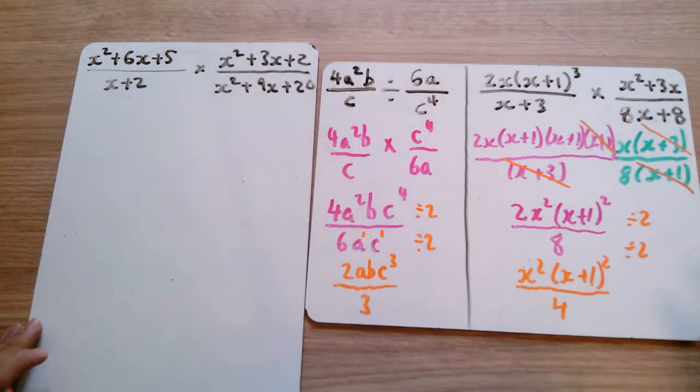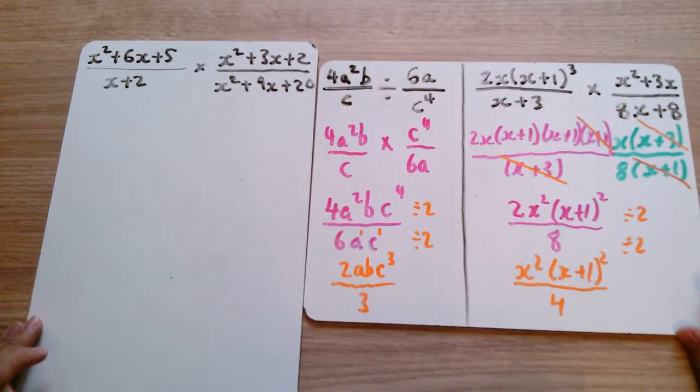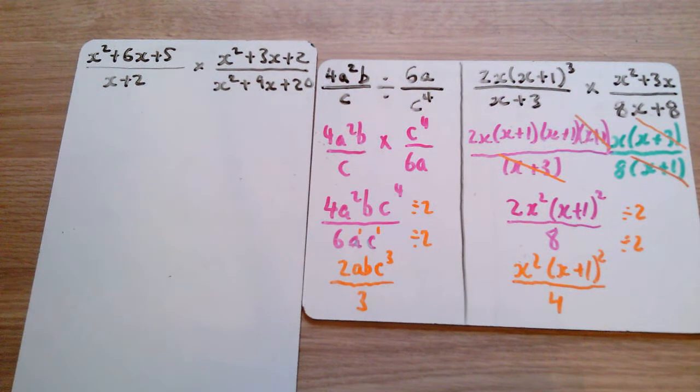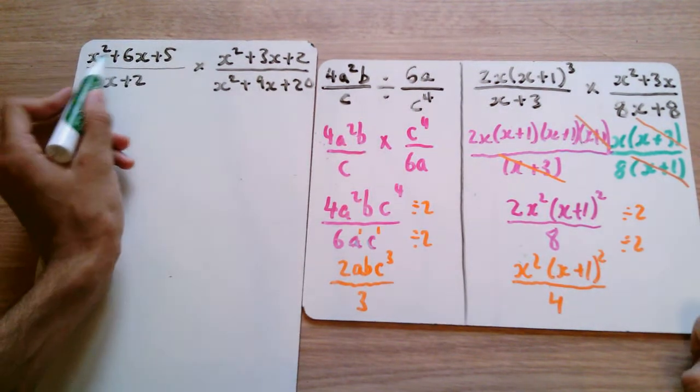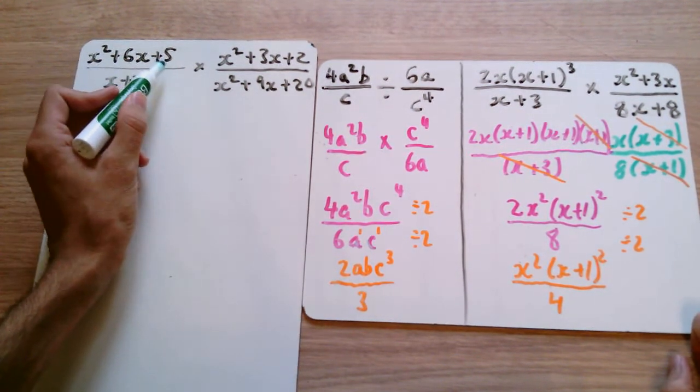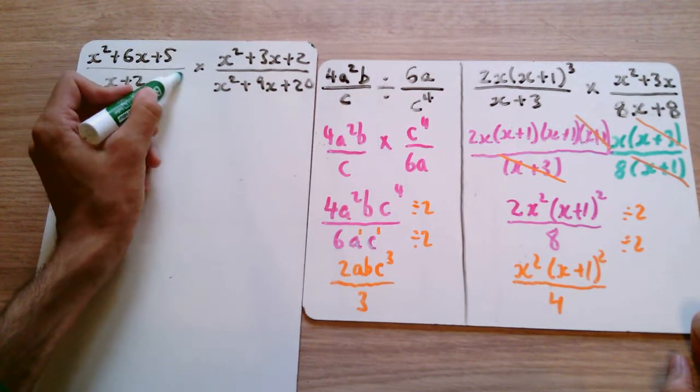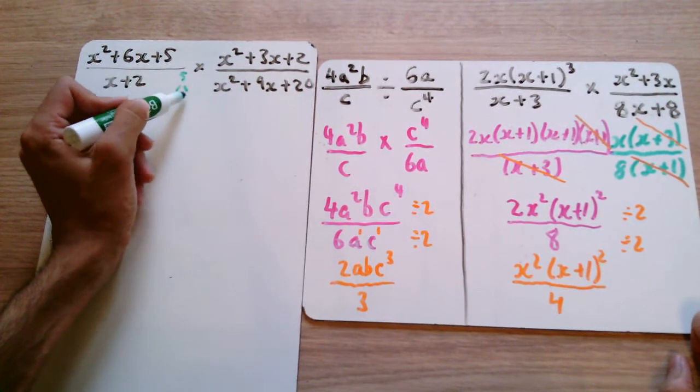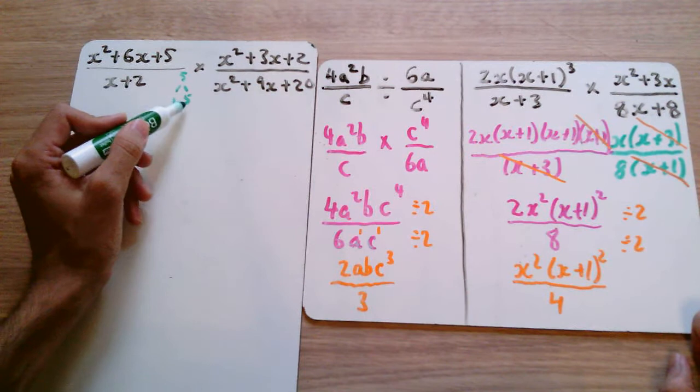So for quadratics, we need to factorize out and factorize into double brackets. So if we look at the left-hand question, we have over here x squared plus 6x plus 5. We need two values that multiply to make 5 and add to make 6. That's 1 and 5.